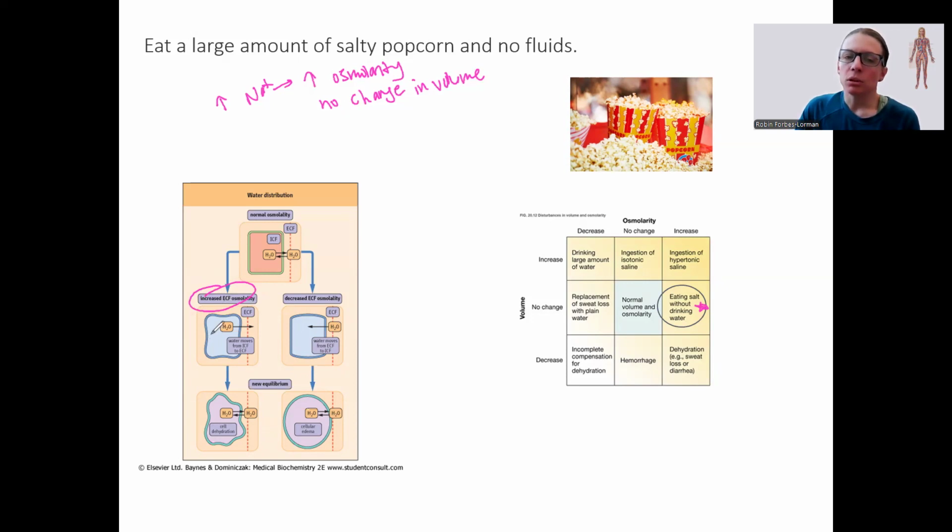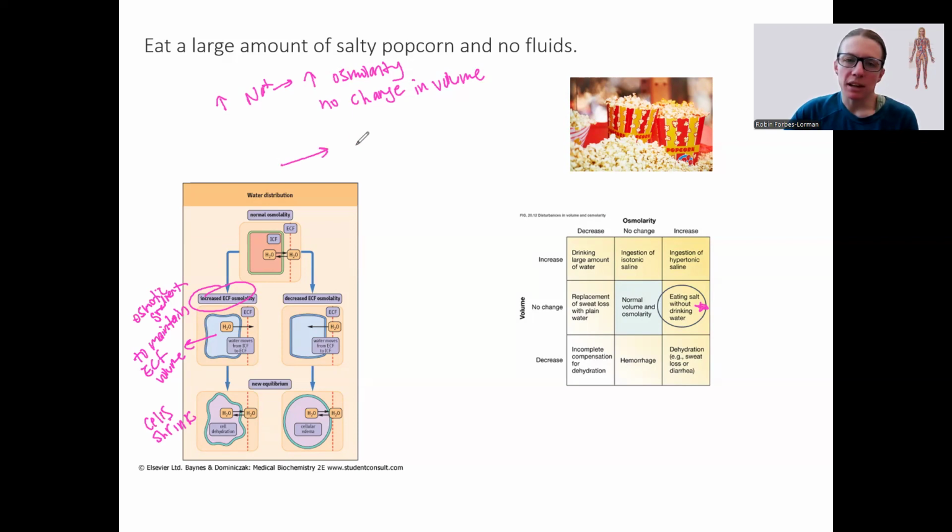That's going to pull water out of our cells because we're maintaining ECF volume. That's what our bodies are trying to do. Because of the osmotic gradient or osmotic drive, the cells are going to dehydrate or shrink.